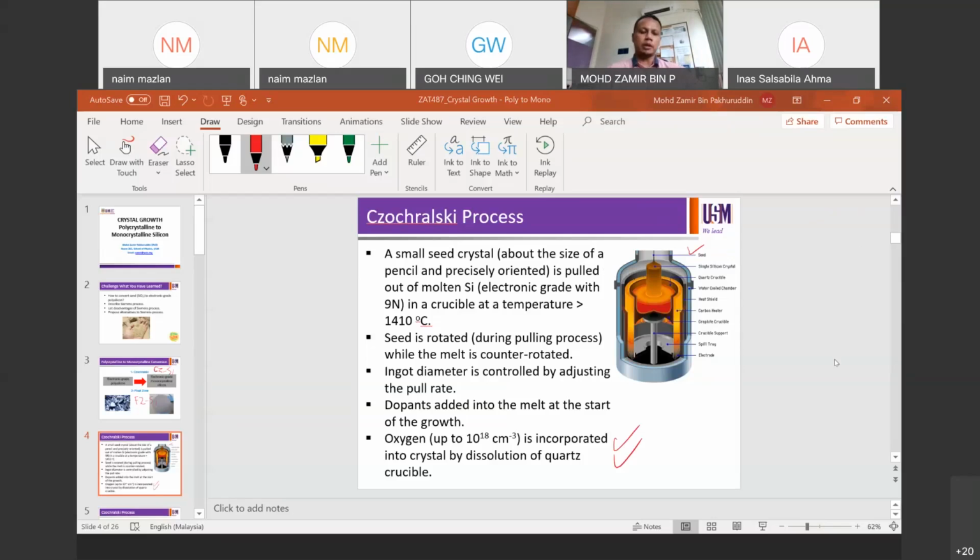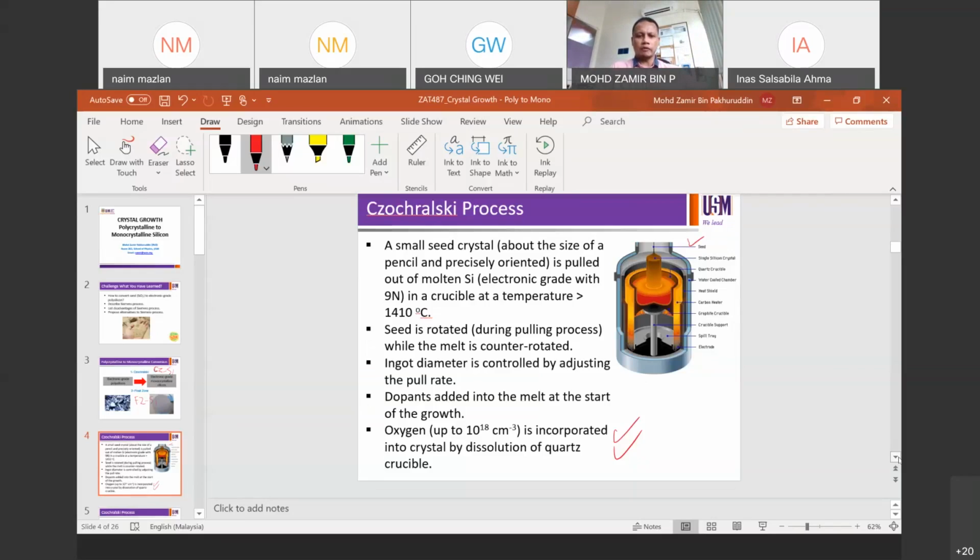So it's going to end up in the silicon, right? We want to minimize the incorporation of oxygen into the silicon wafers or ingots up to this level. We don't want to go higher. If it goes higher, then it will probably change the electrical properties of the silicon.